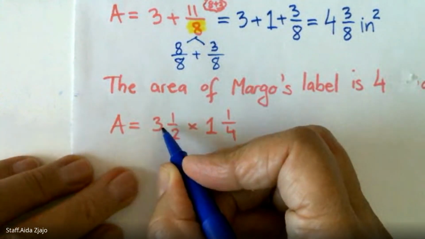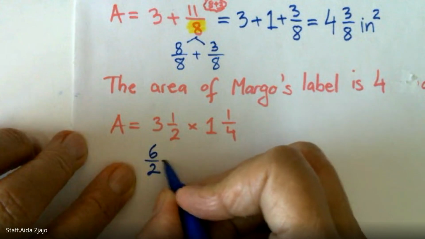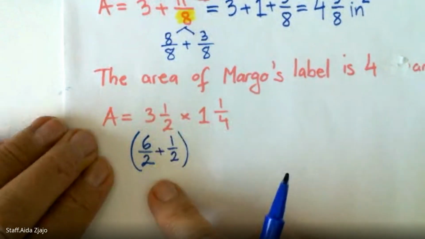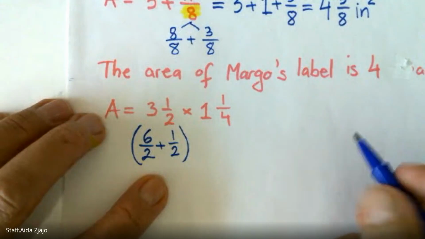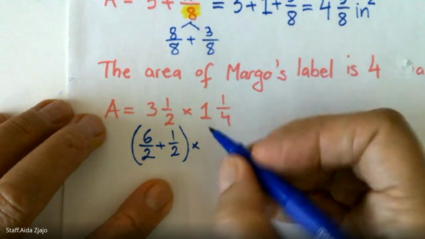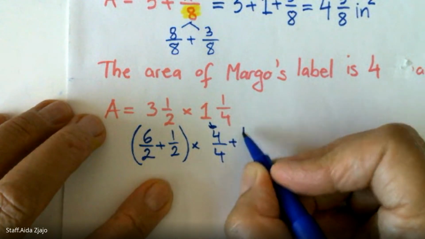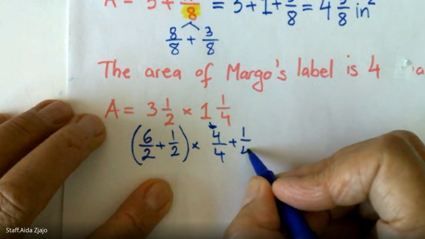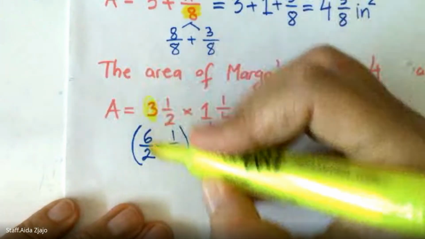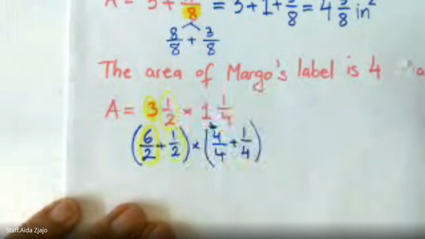I could do 3 wholes is 6 halves, 6 halves. And the plus 1/2 that I had, this fraction is going to become 7 halves times 1 whole has 4/4 plus 1 more. So 4/4 is the whole plus 1/4 that I have. This is hard for kids to understand. So this is this. And then half is adding half extra.